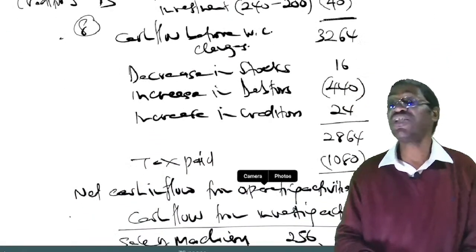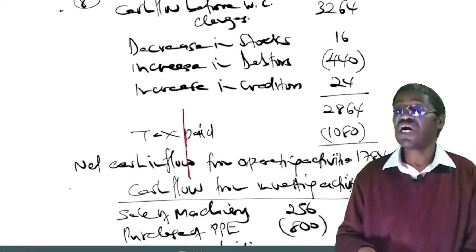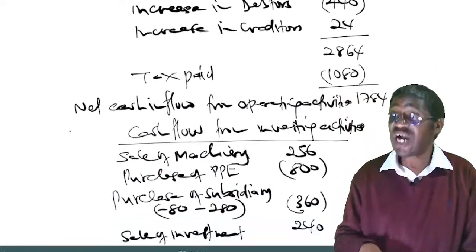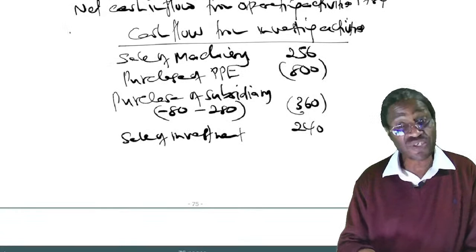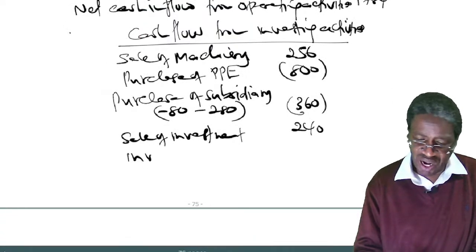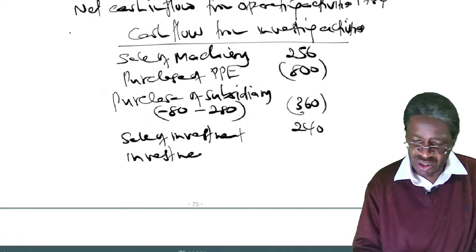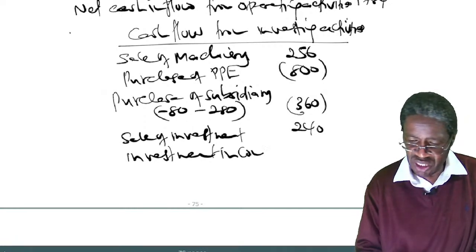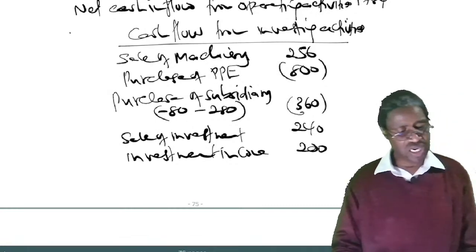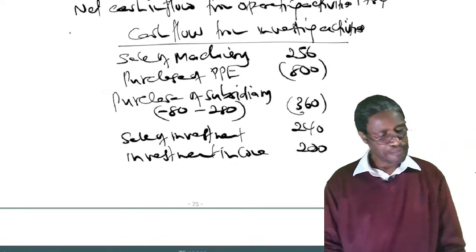It belongs to investing. From our investments, we received an investment income of 200. So bring it in now. We are receiving it.